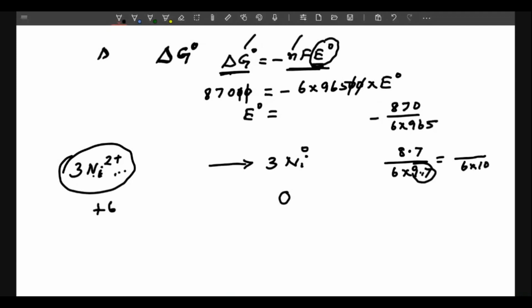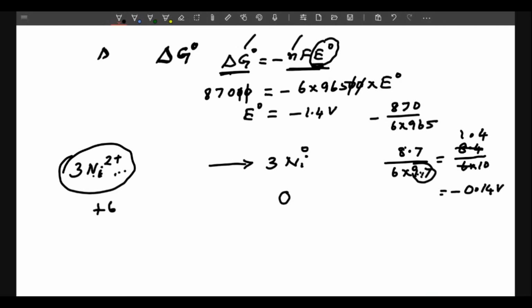Similarly, here it is proportionately almost the same. Therefore, you can decrease the 3 to make it 8.4. Then divide this and this. The 6 and 8.4, 1 divided by 1.24, you can make use of it as 4 and 10, therefore minus 0.14 volt. Therefore, E naught is equal to minus 1.4 volt.